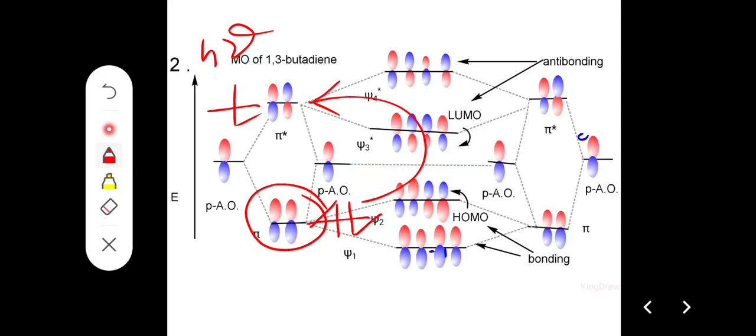When h nu is used, one electron gets excited and goes to the higher excited state, and the higher excited state means pi star.